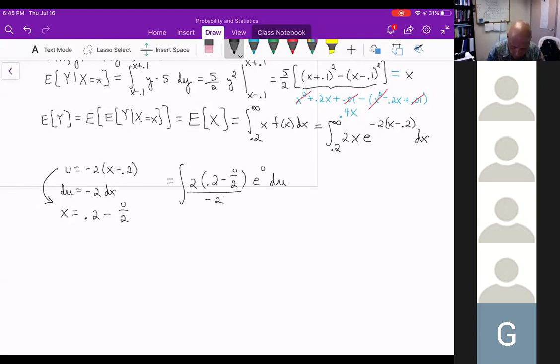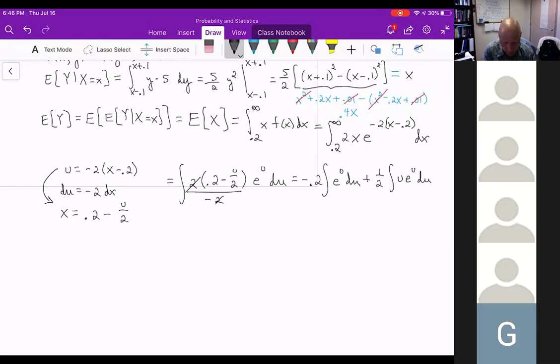And so there's a little bit that simplifies. And now we've got -0.2 times the integral of e to the u du plus 1/2 times the integral of u e to the u du. So you have the negative sign on bottom.